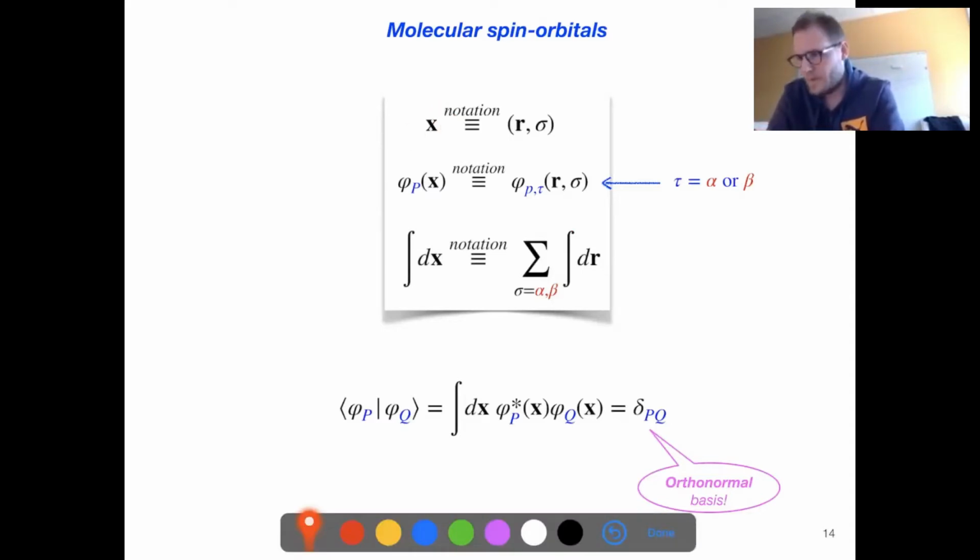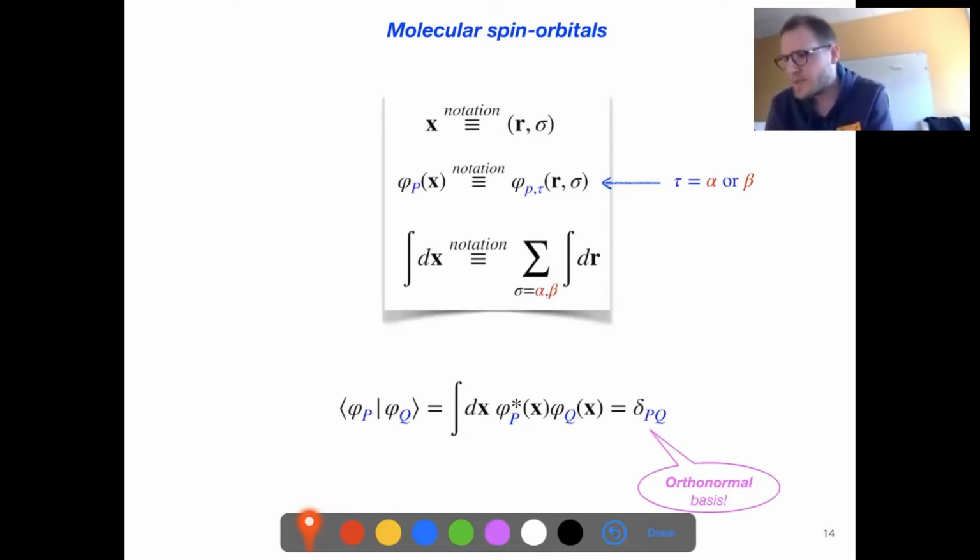Well, first the position, like an orbital, but in addition there is the spin degree of freedom, sigma, which can be either alpha or beta. These two coordinates, space coordinates and spin coordinates, are just gathered into a single variable that I will denote x in the following. And this is a common notation, okay?